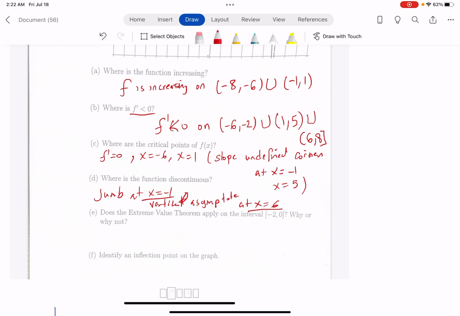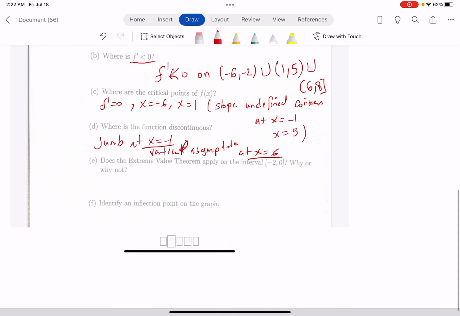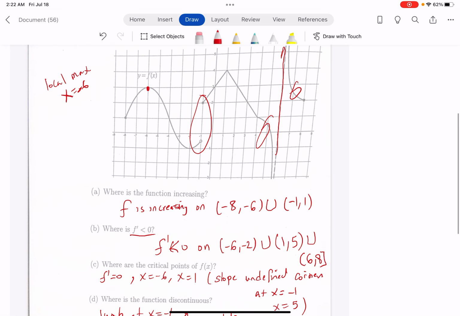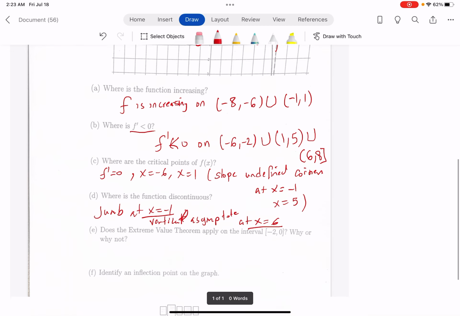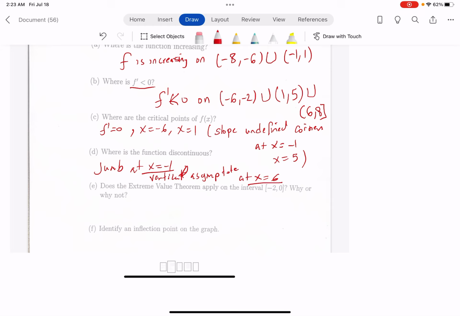Okay, let's go for the next one. Does the extreme value theorem apply on the interval -2 to 0? Where is -2 and 0? You can see from -2 to 0 this is discontinuous, so it is not applicable because there is no continuity here.